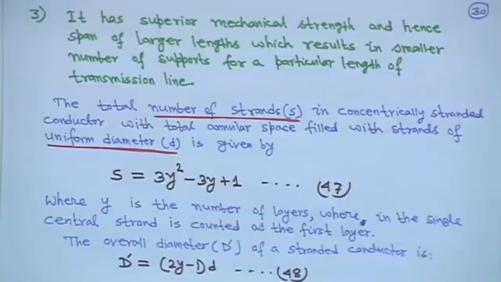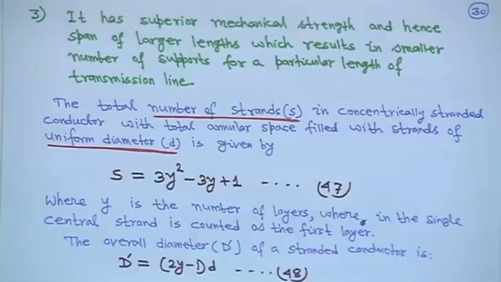That is, mechanical strength is superior, very strong, so the span between the two towers can be increased and the number of towers will be less. That is why it has superior mechanical strength, because it has a steel strand centrally.